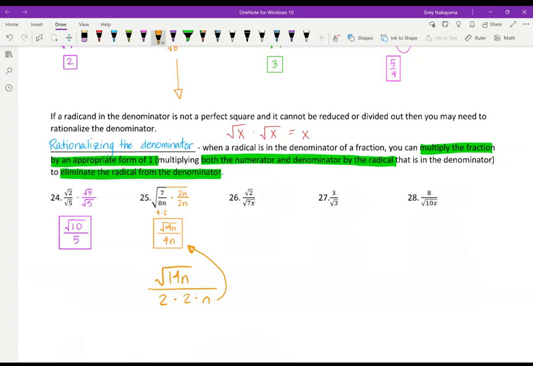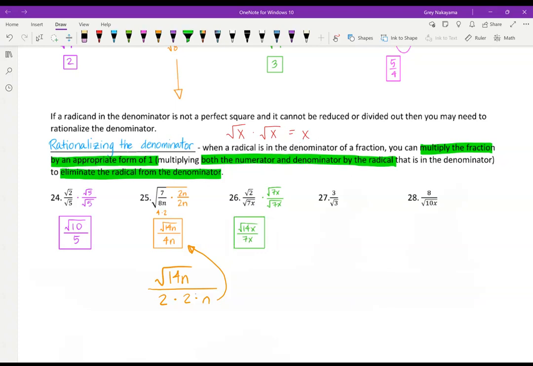Okay, number 26. I cannot simplify 7x in the bottom, so I'm just going to multiply top and bottom by the square root of 7x. On the top, I get the square root of 14x. What is the square root of 7x times the square root of 7x? Just like up here, y'all, it's 7x.